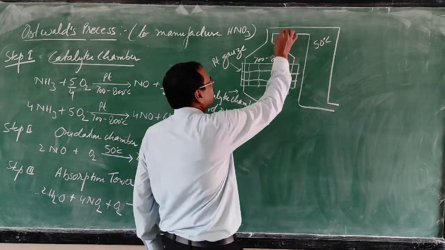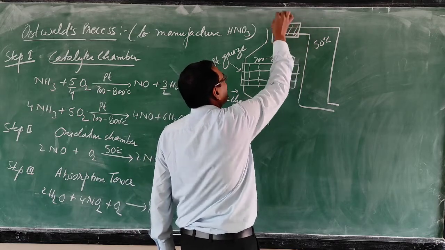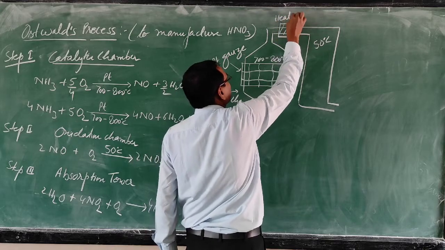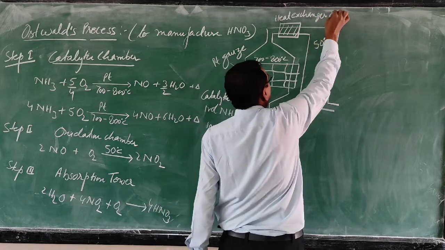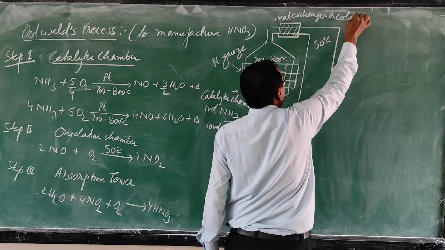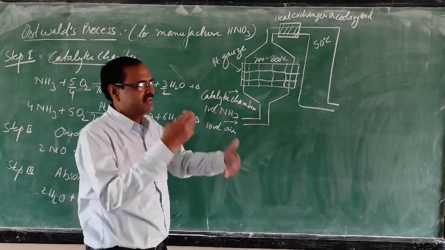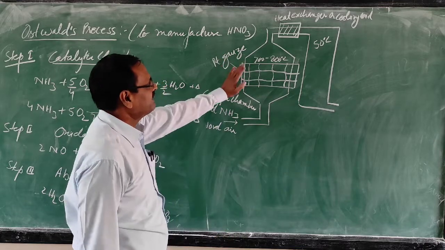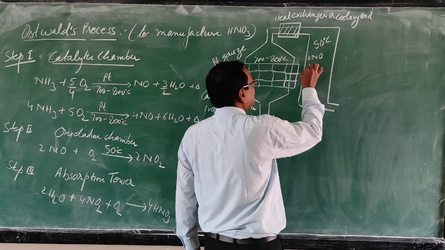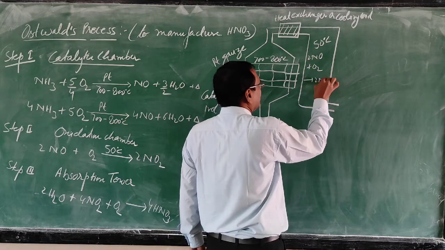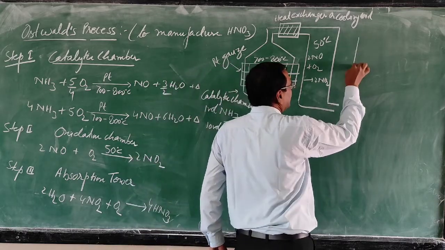So it is passed through a heat exchanger or cooling coil. Cooling coil you are familiar with, that upper jacket, some chilled water supply is there. So by that the temperature will come down, because in the oxidation chamber this nitric oxide combines with oxygen to form nitrogen dioxide.